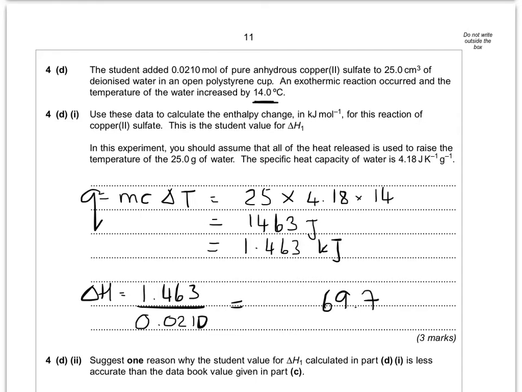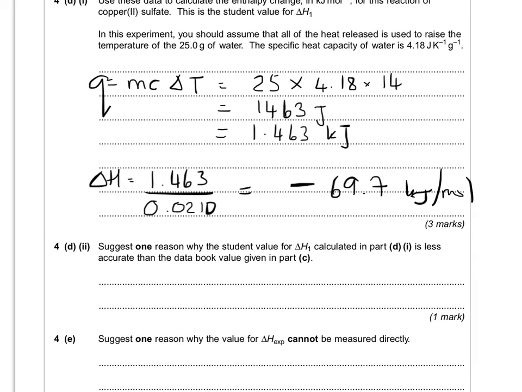Then the last thing to do is to work out whether it's going to be negative or positive. You can see that the temperature increased by 14 degrees, so it's an exothermic reaction, so it's negative 69.7 kilojoules per mole.